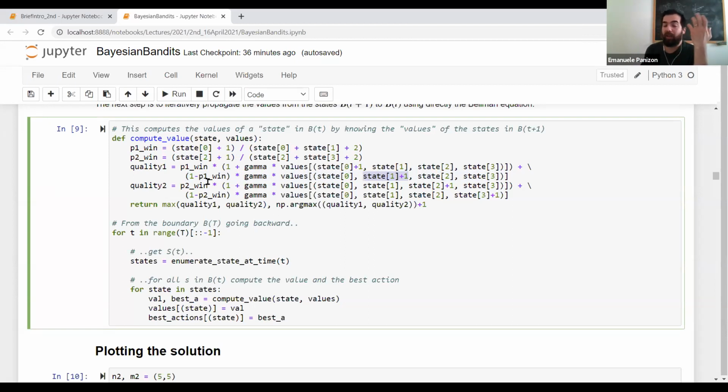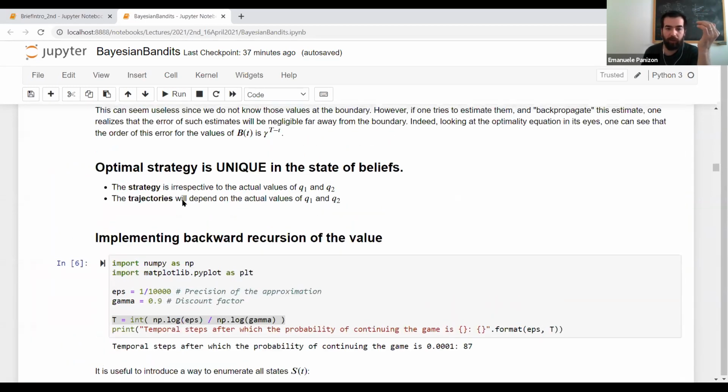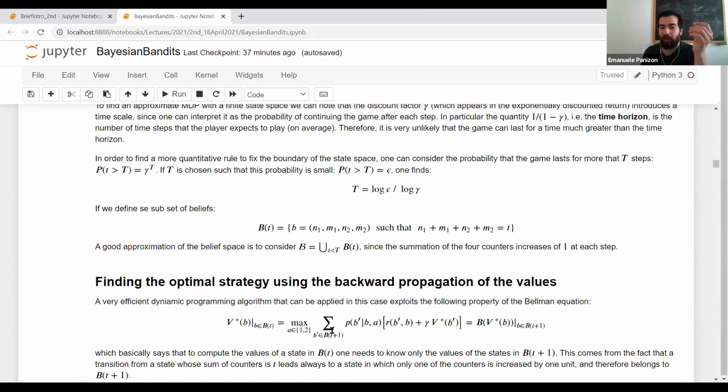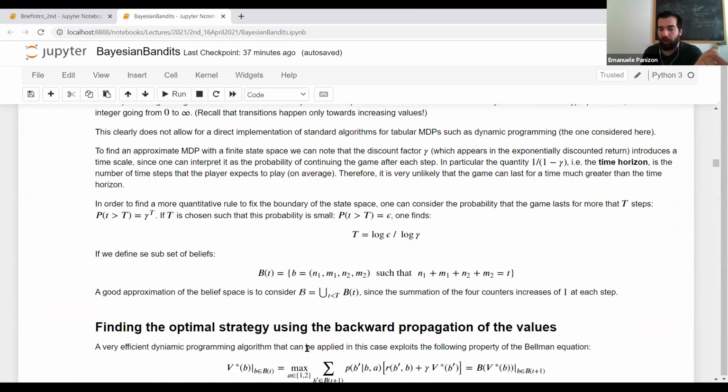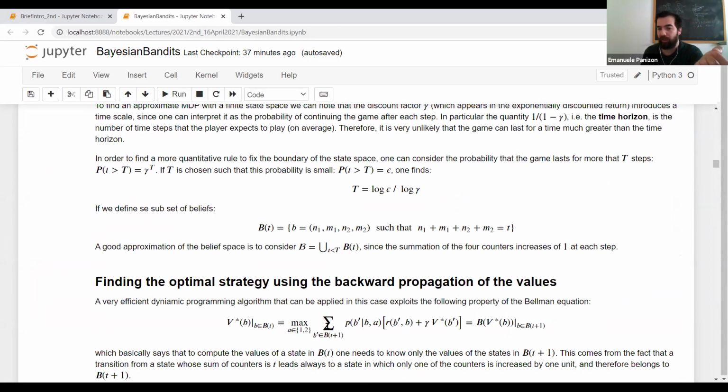Okay, so if I imagine to be in a state of belief n1 n2 m1 m2, the probability to win is this. And where I end up in a belief, if I imagine to be in this belief and I win, is this. So these two lines for arm 1 are none other than if I took action 1 and I do a sum over the new state, this here.